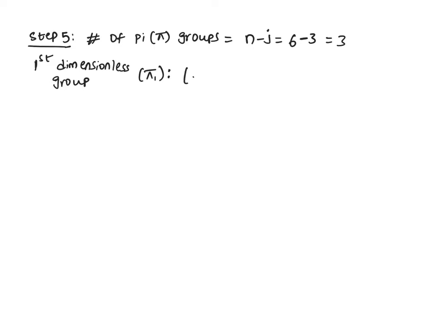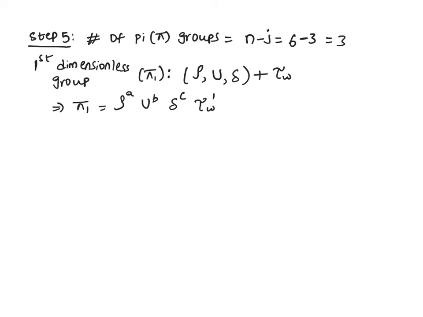So that would be rho, u, delta plus tau w. So the way we did it in the previous problem, we'll do it the same manner. Pi 1 would be a dimensionless group, equal to rho raised to the power of a, u raised to the power of b, delta raised to the power of c, and tau w raised to the power of 1.